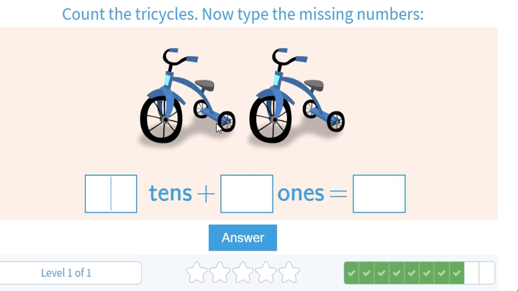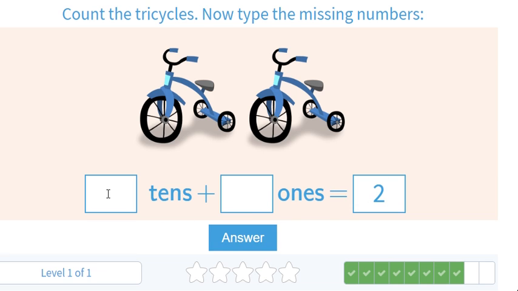Oh, look at this. So we only have 2 tricycles this time. So let me put 2 tricycles here, because that is how many tricycles we have in all. It's just 2. And when I look at the number 2 again, just like my number 8, there isn't any number here. It is invisible.